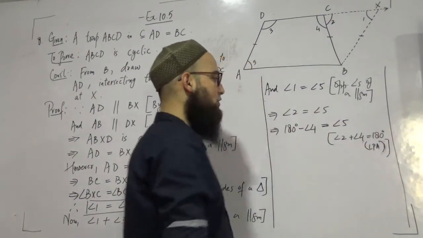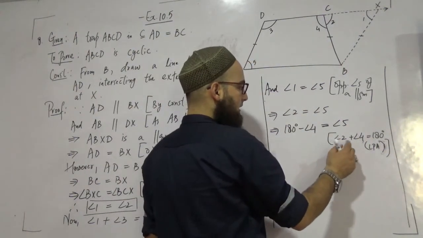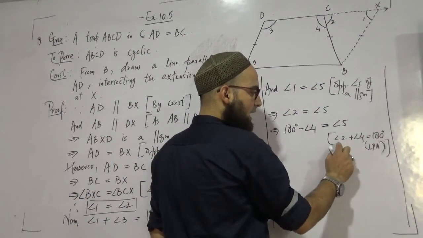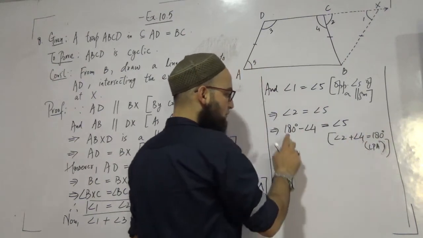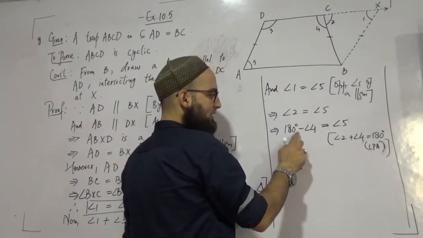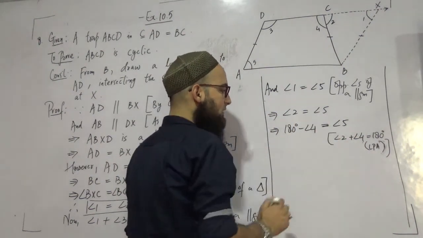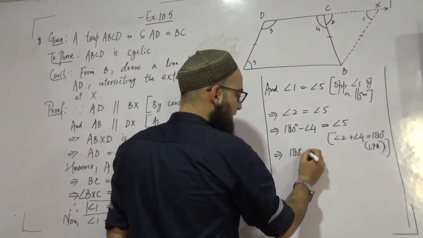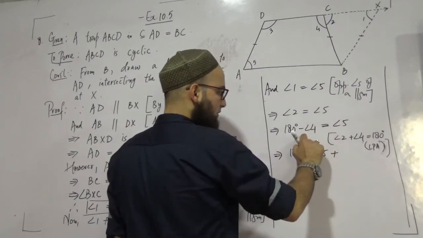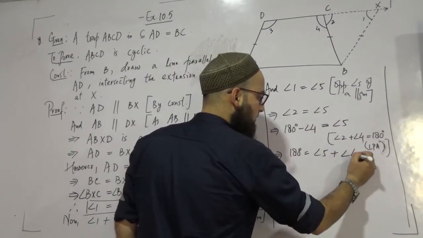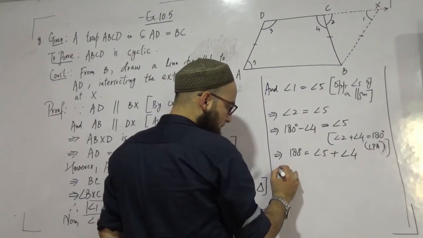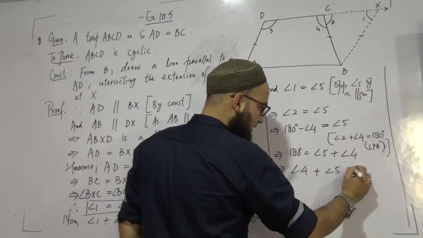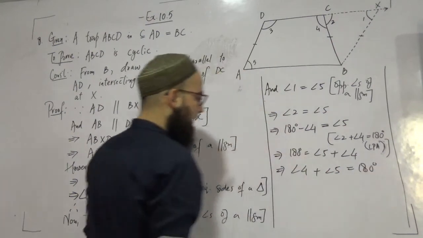So angle 2, replaced with 180 minus 4, is equal to angle 5. You can transpose this, that is angle 4, which implies that angle 4 plus angle 5 is equal to 180 degrees.